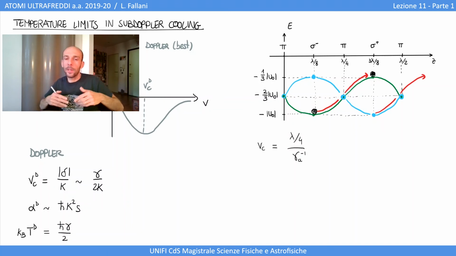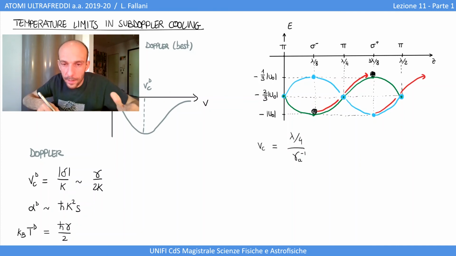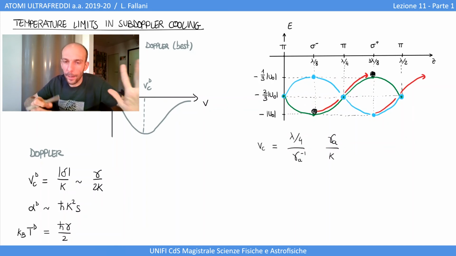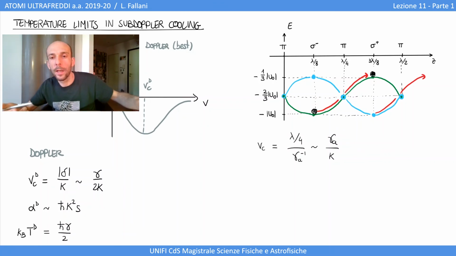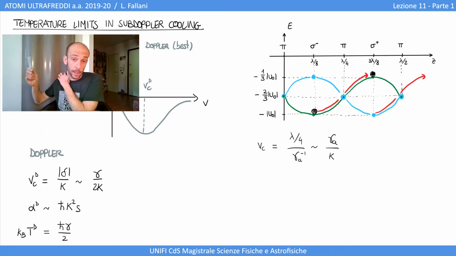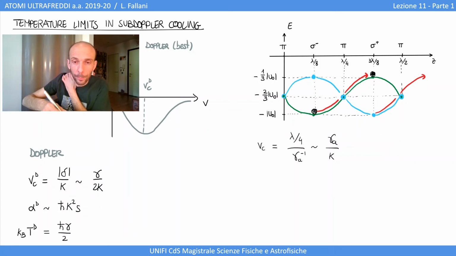So let me write this as gamma A divided by k. Again, we are interested in orders of magnitude here, so instead of writing all the 2 pi factors and these 4 factors, since lambda is 2 pi divided by k, we approximate 2 pi divided by 4 with 1. And so we get the subdoppler capture velocity as gamma A divided by k.